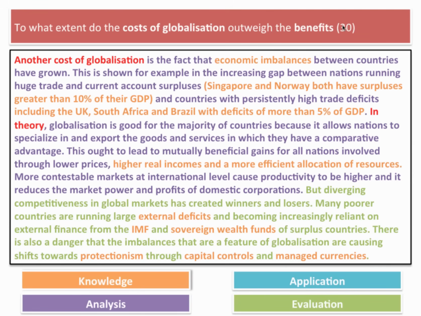So my argument is that globalization has caused increased trade imbalances, but many poor countries are actually running deficits and becoming increasingly reliant on external funding. And as those imbalances get bigger, then we get the threat of protectionism and capital controls and currency wars.